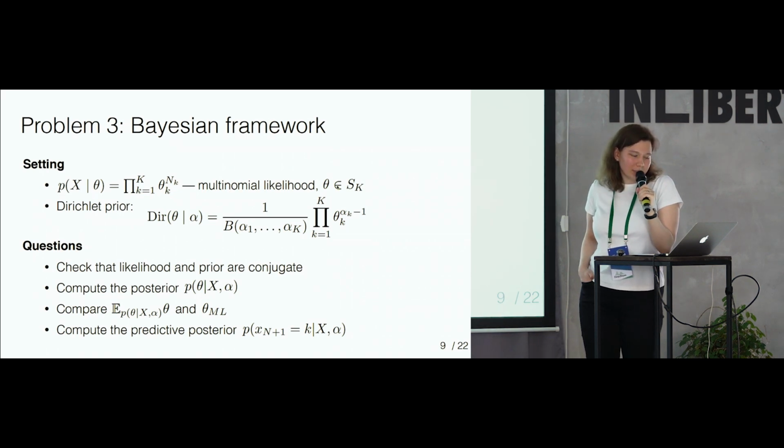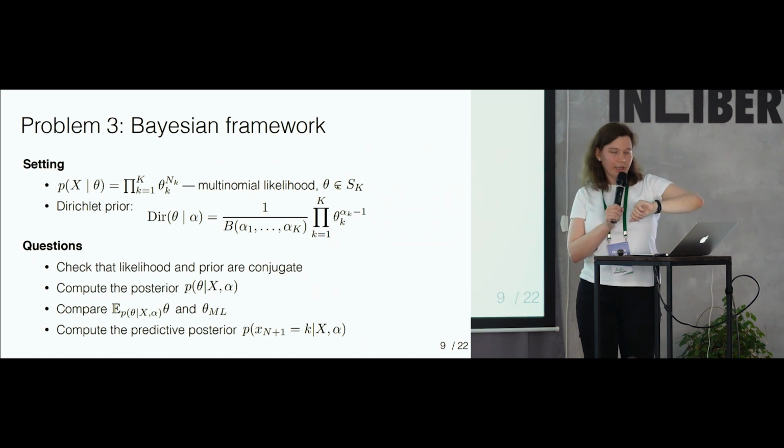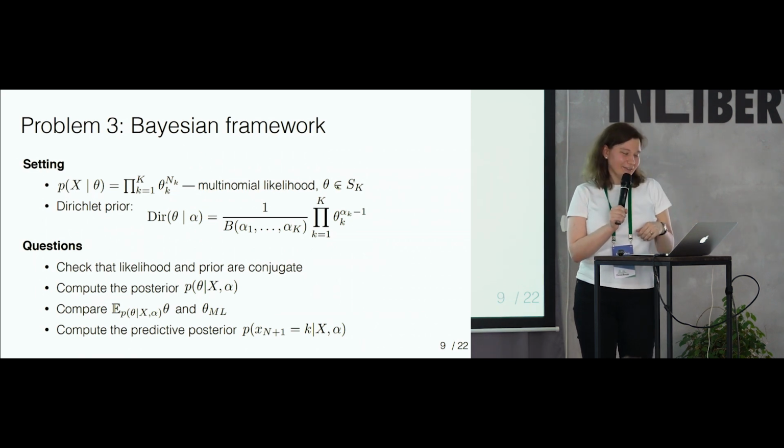The task is to first check that our prior and likelihood are conjugate, then do Bayesian inference, and then we also have two more points. The first one is to compare the result of Bayesian inference and frequentist inference, and the last one, if we have time, and we will not, is your homework, if you want to.